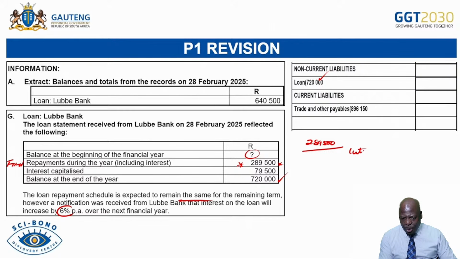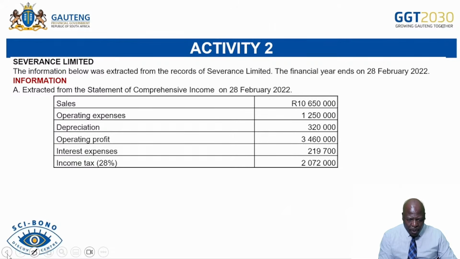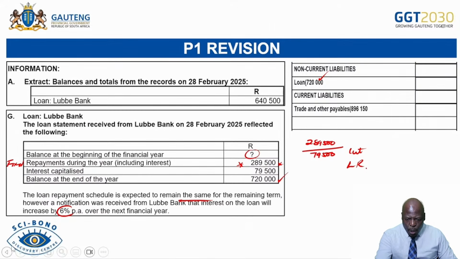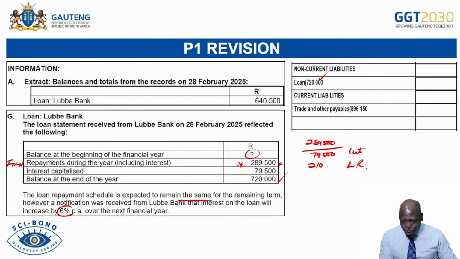Number one, we're paying for interest, which was 79.5, and with the loan repayment, the capital portion of the loan, which would therefore become, if we say 289,500 minus 79.5, it would give us 210,000. So the loan repayments were 210,000.